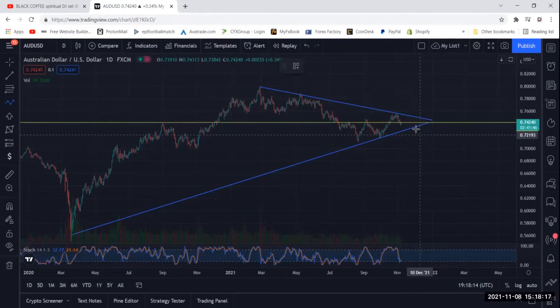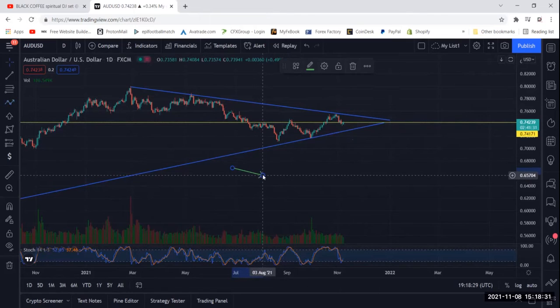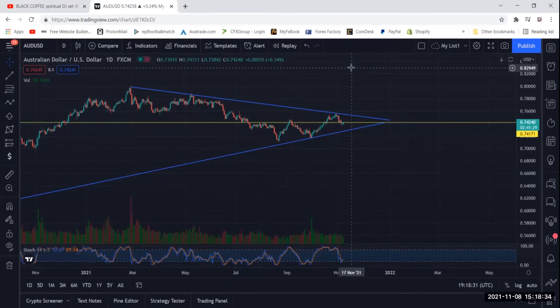So the breakout strategy would say that from where price is now, whichever direction it breaks out of this pennant, whatever direction price breaks out of this formation, so I'll just do it here.